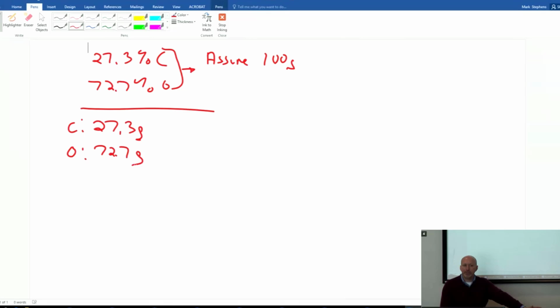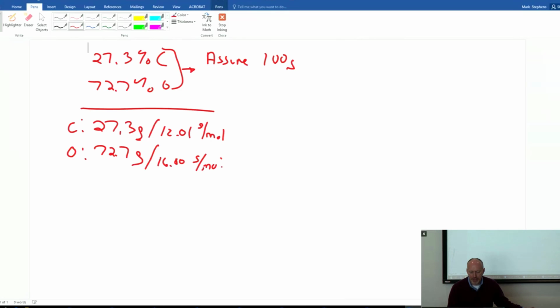Now I've got grams, and I want to go to moles. So what I need to do is divide each one by its own formula weight from the periodic table. I look up carbon, and that's 12.01, and I look up oxygen, and that's 16.00, and the unit of both of these is grams per mole.